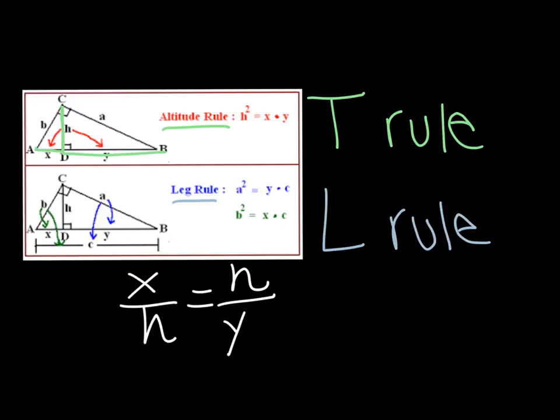And then the leg rule is going to be c over a, and I'll do this in a separate color because they mix. And then a over y. It's not going to include this segment there. I'll draw that out too. So c over a equals a over y.